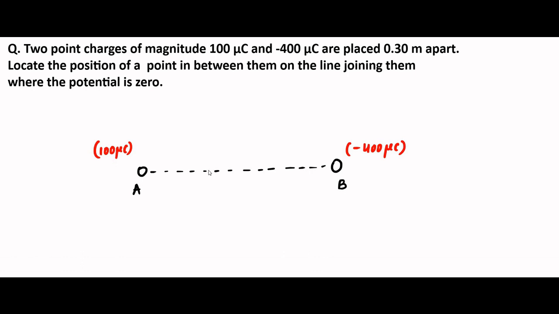We have to find a point, a spot, let's say here, we call it P, which is, let's say, x meter apart from A. So the remaining BP will be 0.3 minus x meter apart, because the total distance between A and B is 0.3 meters.